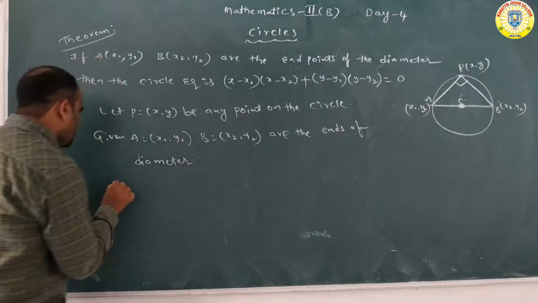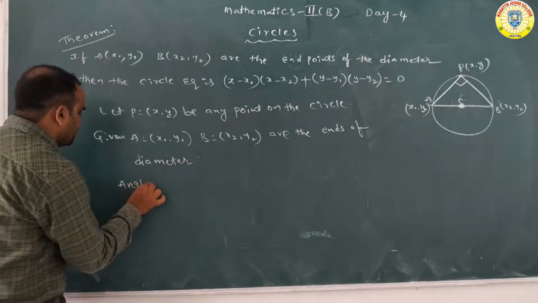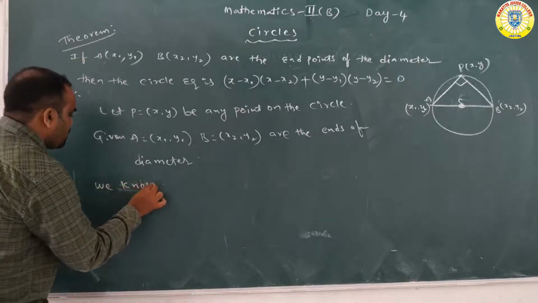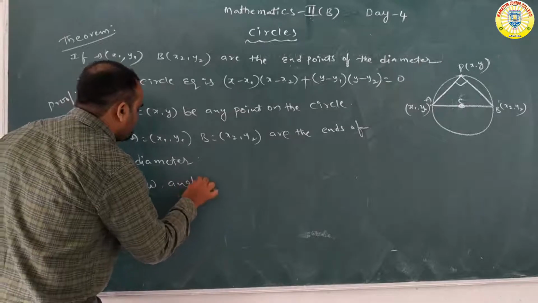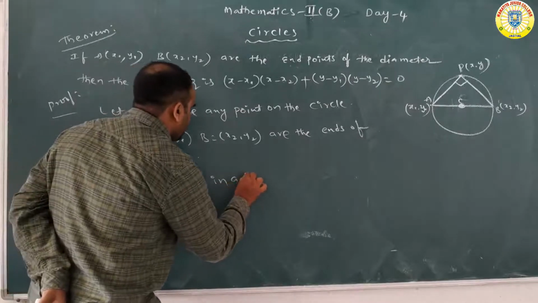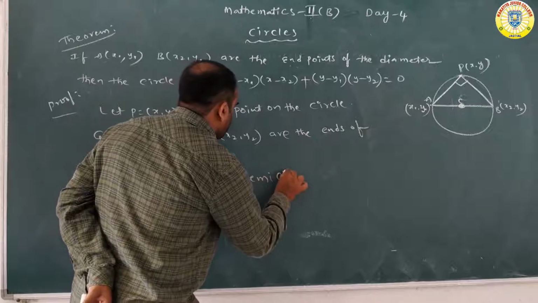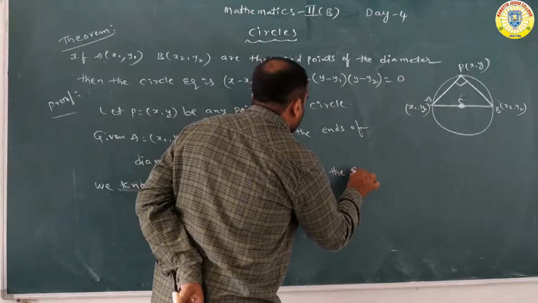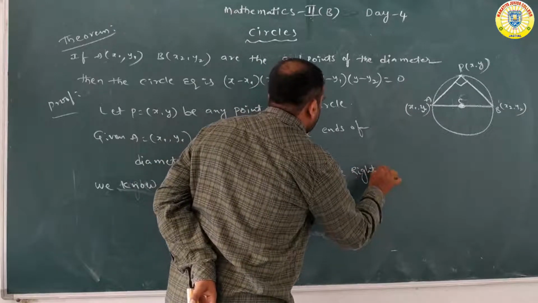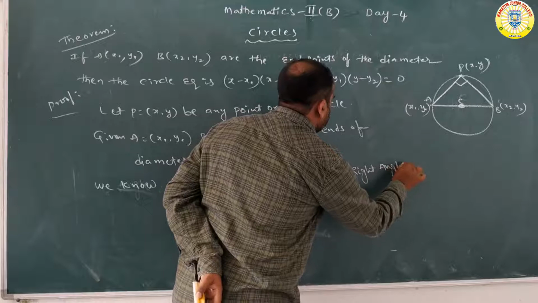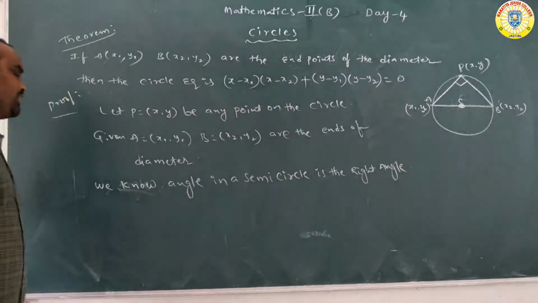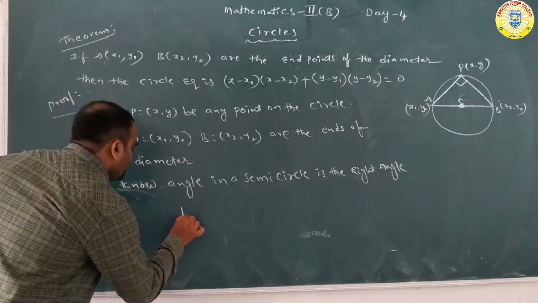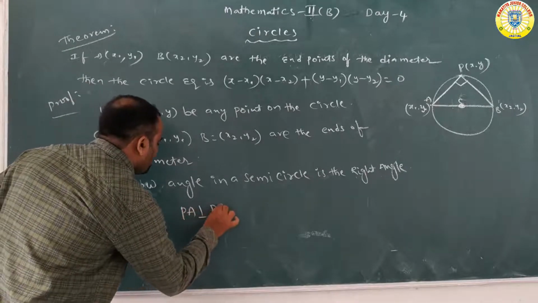So we know angle in a semicircle is the right angle, that is, PA is perpendicular to PB.